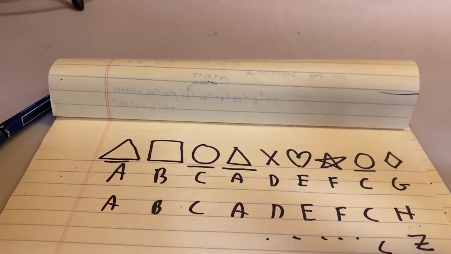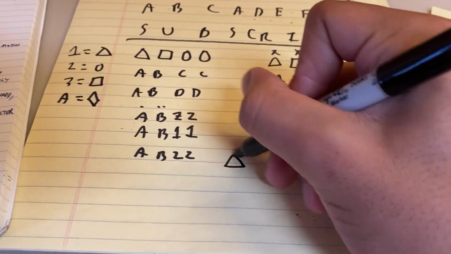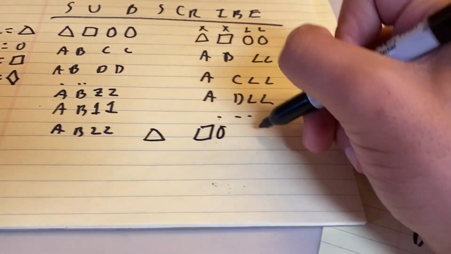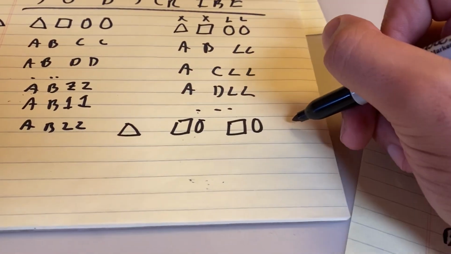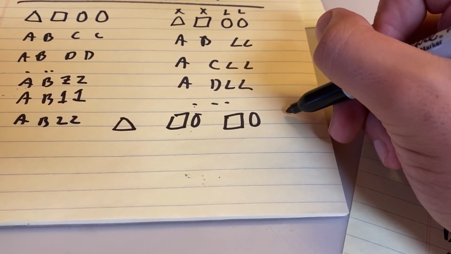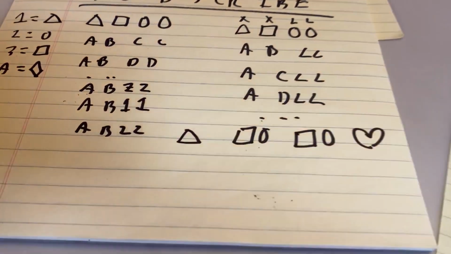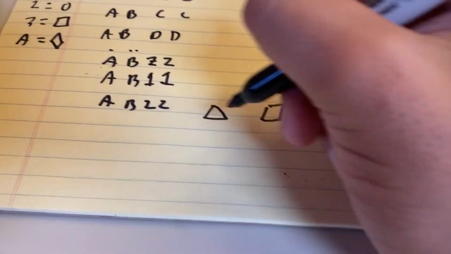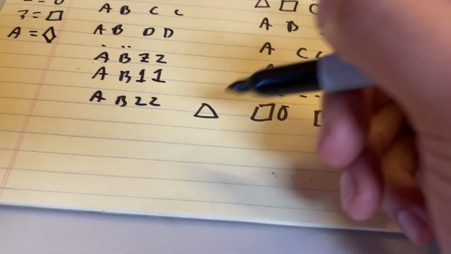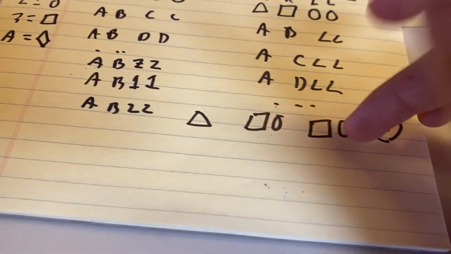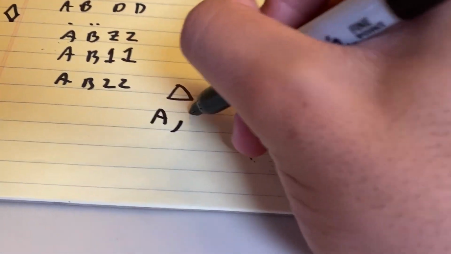And another thing we can also consider is vowels and stuff too, right? Let's say if we have triangle, space, square, circle, I don't know, heart, right? So let's say this is our code right here. This individual triangle right here, realistically speaking, according to the English alphabet, would only be an A or an I, right?